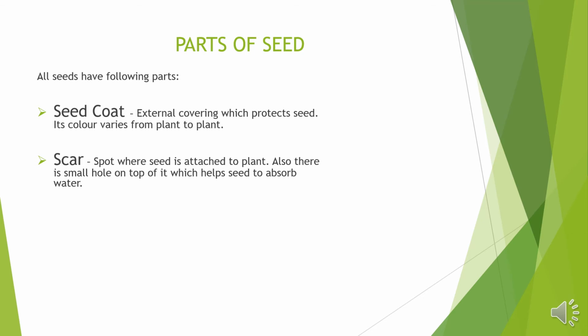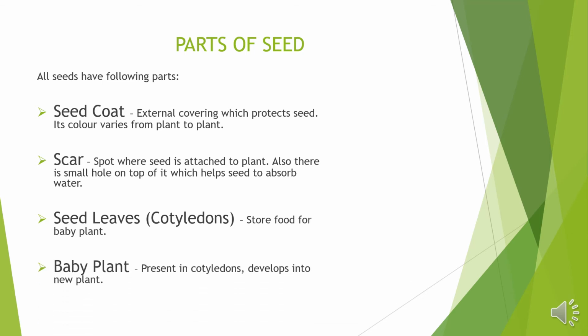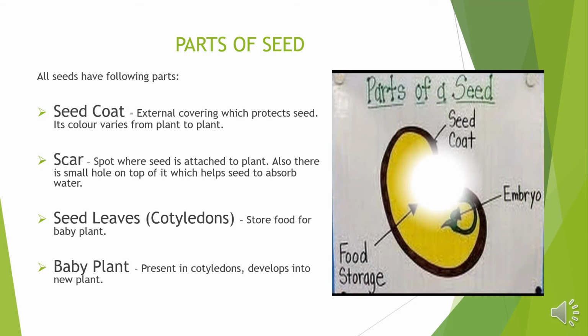Also, there is a small hole on top of it which helps the seed to absorb water. Seed leaves, also known as cotyledons, store food for the baby plant. The baby plant is present in the cotyledons and develops into a new plant.